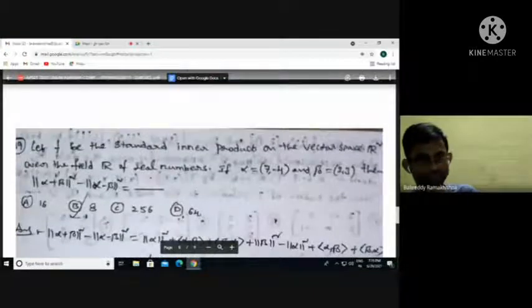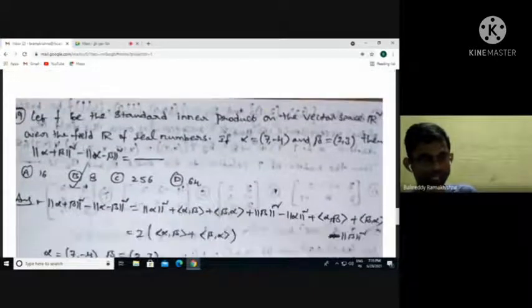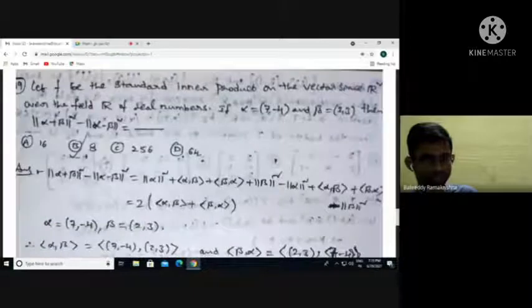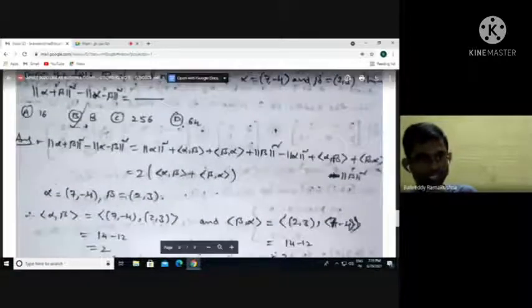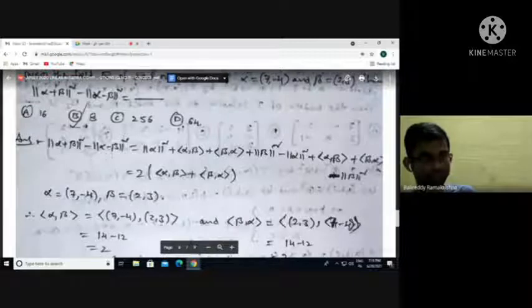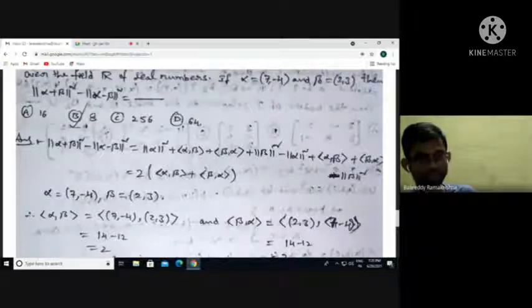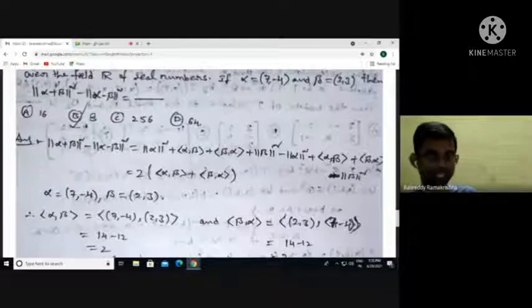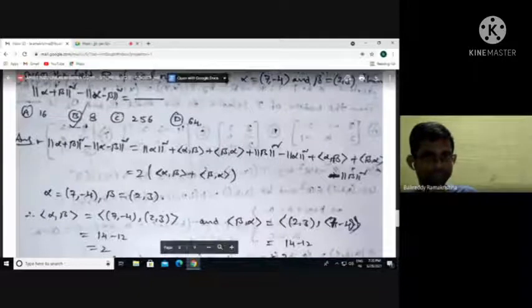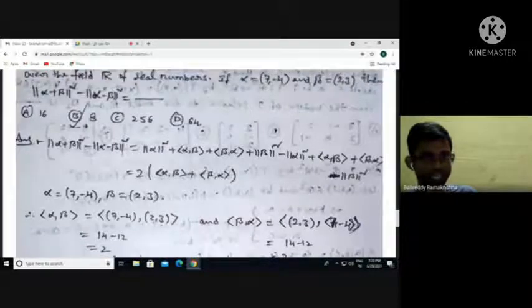Okay. So this is question number 19. It can be solved in the usual manner. That is, we take norm alpha plus beta whole square minus norm alpha minus beta whole square. It can be explicitly written as norm alpha square plus inner product alpha comma beta plus inner product beta comma alpha plus norm beta square, minus norm alpha square, by expanding this (a plus b) whole square, and this can be expanded as (a minus b) whole square.